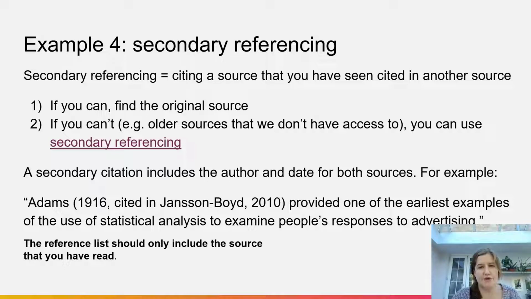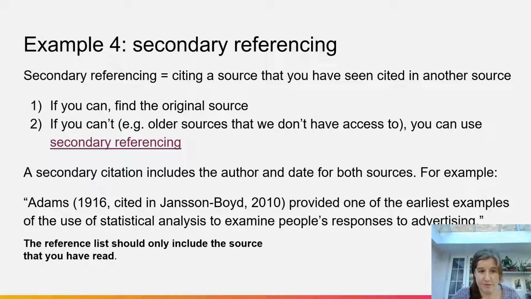So there is a way that you can cite something that you haven't actually seen, and that's called secondary referencing. So a secondary citation includes the author and the date for both sources. So here's an example.